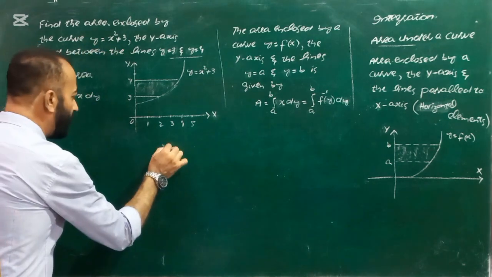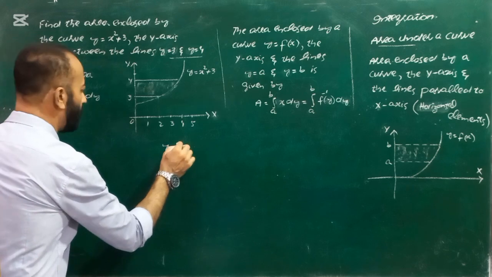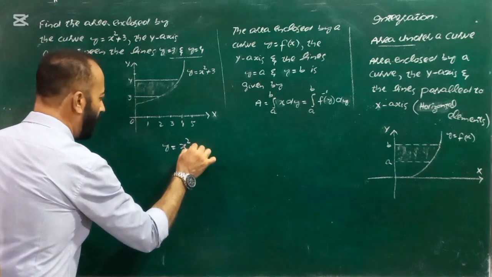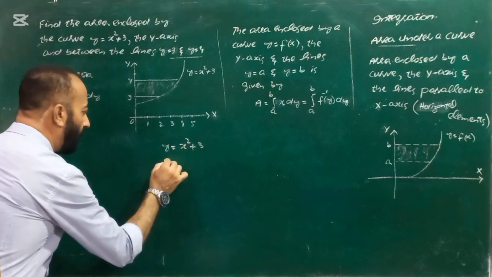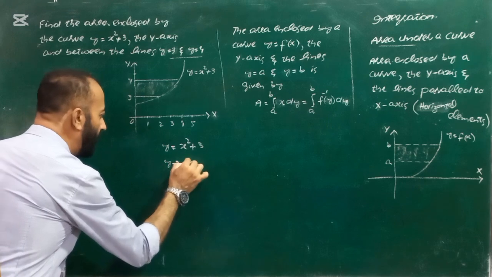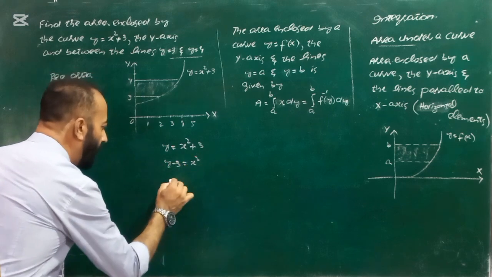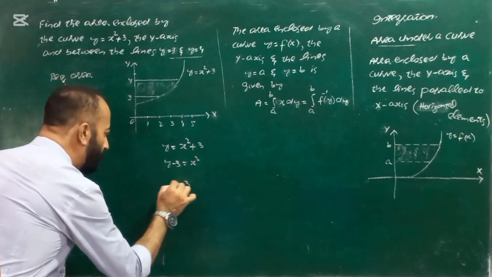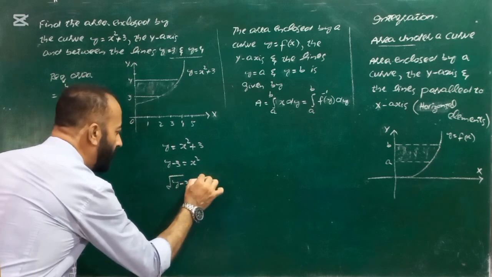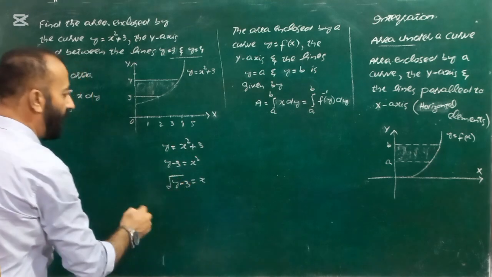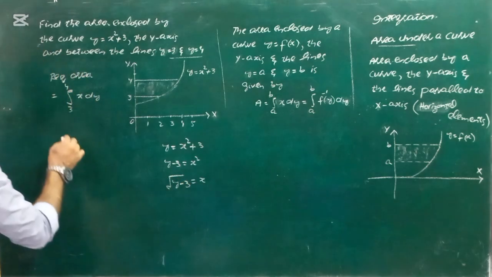The equation is y is equal to x square plus 3. So from here y minus 3 will be equal to x square, and square root of y minus 3 is equal to x. So this is the value of x that will be put into the question now.